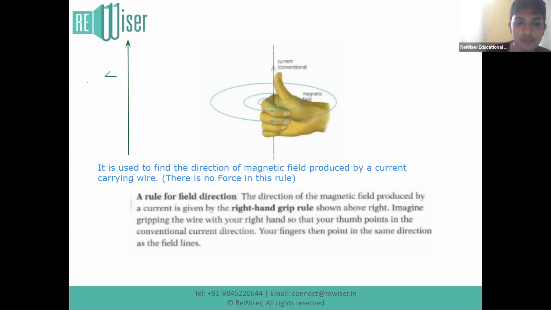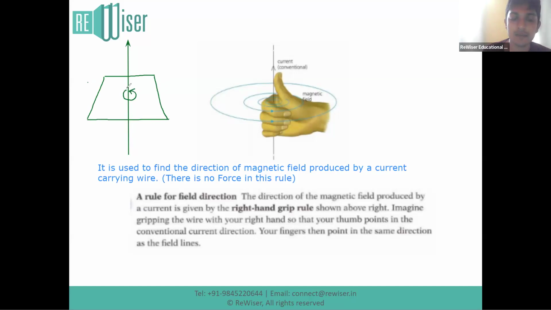So if this is a plane that I've considered, please remember I am looking at my wire like this. So if this is my wire, I'm looking at it like this. So as seen, the current appears to be in the anti-clockwise direction.